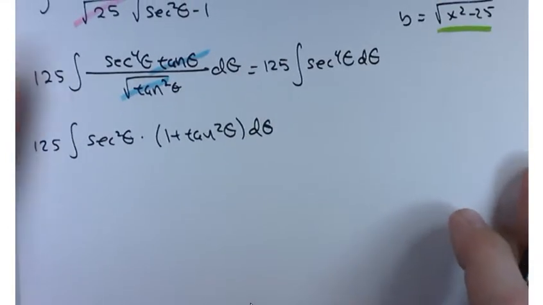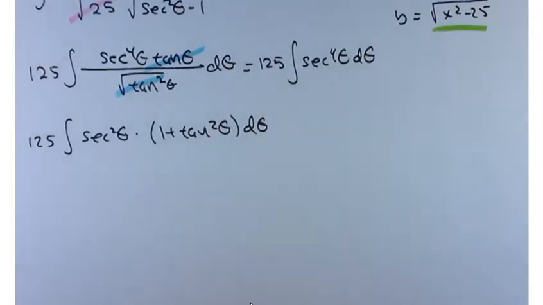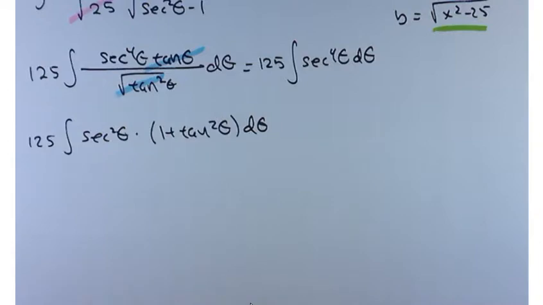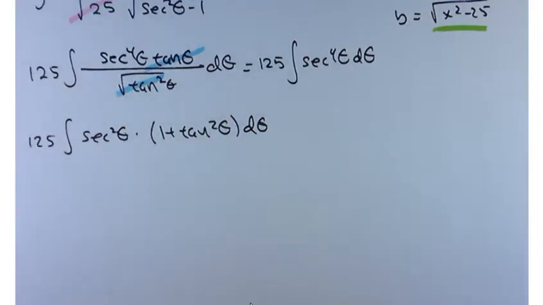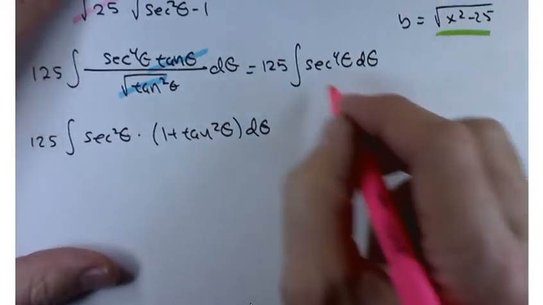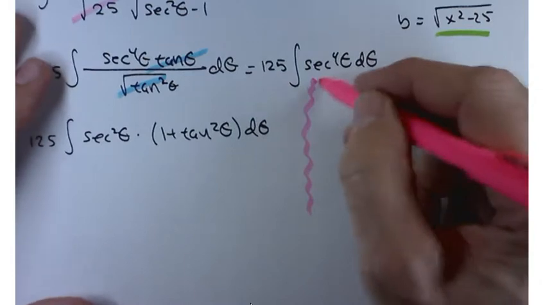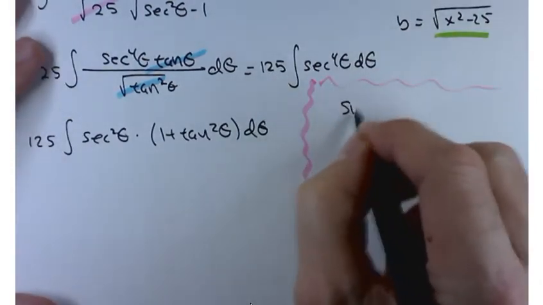If you need a quick little reminder, let me show you how to come up with these identities in a pinch. It all starts with the basic identity of sine squared of theta plus cosine squared of theta equals 1.